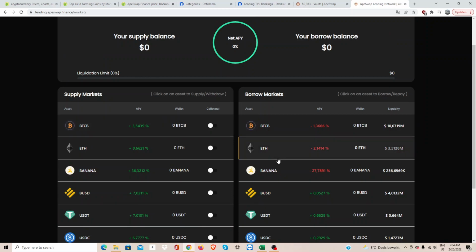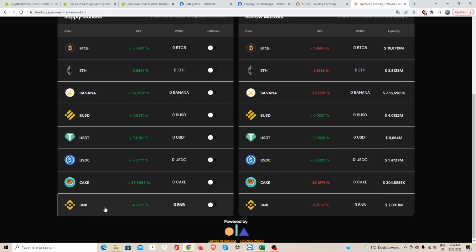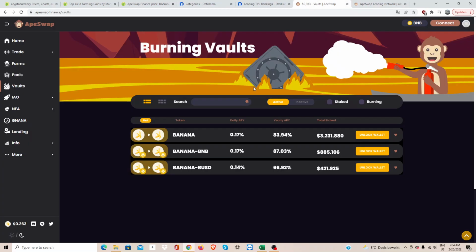So be aware of that. But if you're comfortable with a coin like me, I'm very comfortable with BNB, I use that as collateral. You can borrow then banana coin and deposit it here, and you would be earning 83%.